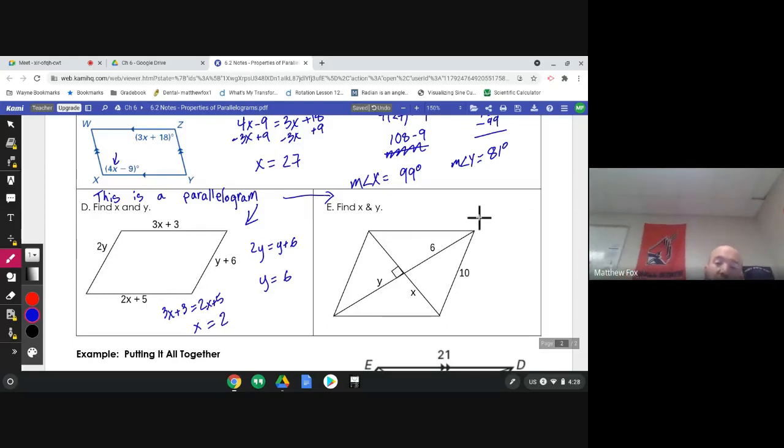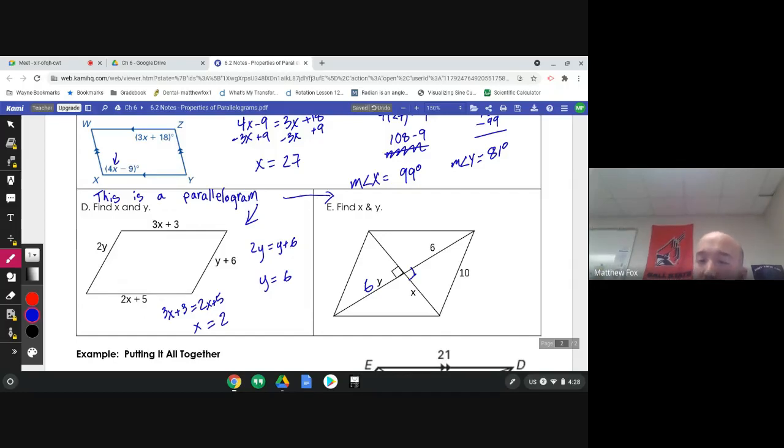Now, letter E, a little bit more difficult. On this one, hopefully you can see right from the start, y has to be 6. Now, to find x, we have to be a little more creative. If this square is a right angle, those are vertical angles. We also know this is a right angle. If we have a right triangle, hopefully you guys remember from chapter 8, a squared plus b squared equals c squared.